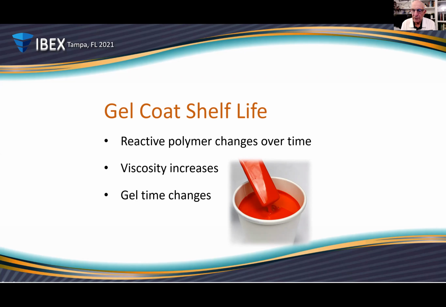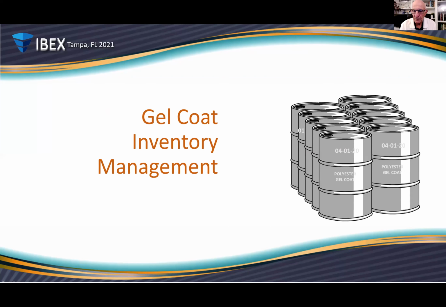So the shelf life is important to pay attention to, and that involves inventory management in your plant. You want to make sure that the oldest material is always shuffled to the front of the pile, so that you don't run into a situation where you're using the new material before you use the old material.